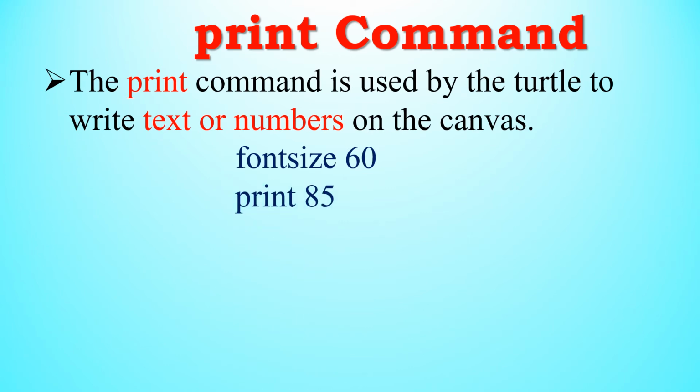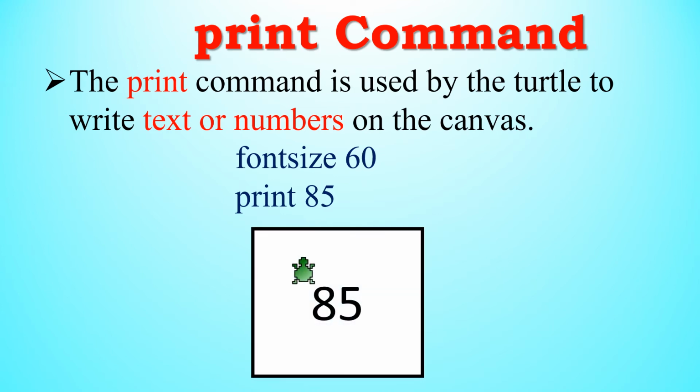Here we are going to print 85 in 60 units as a number size. Let us see the image of how the 85 looks in the canvas. Here the number will be shown horizontally on the canvas.